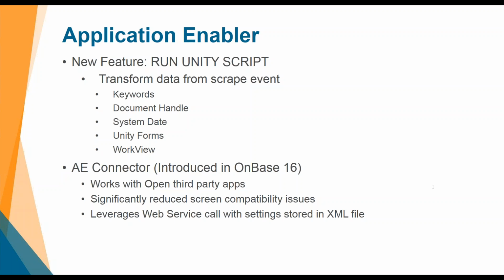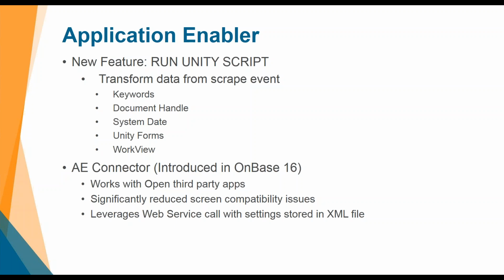And then there's the AE connector, which was actually introduced in 16, but not too many people have adopted it. So it works with your third-party apps just like the OnBase App Enabler does. It gives you a lot more options.